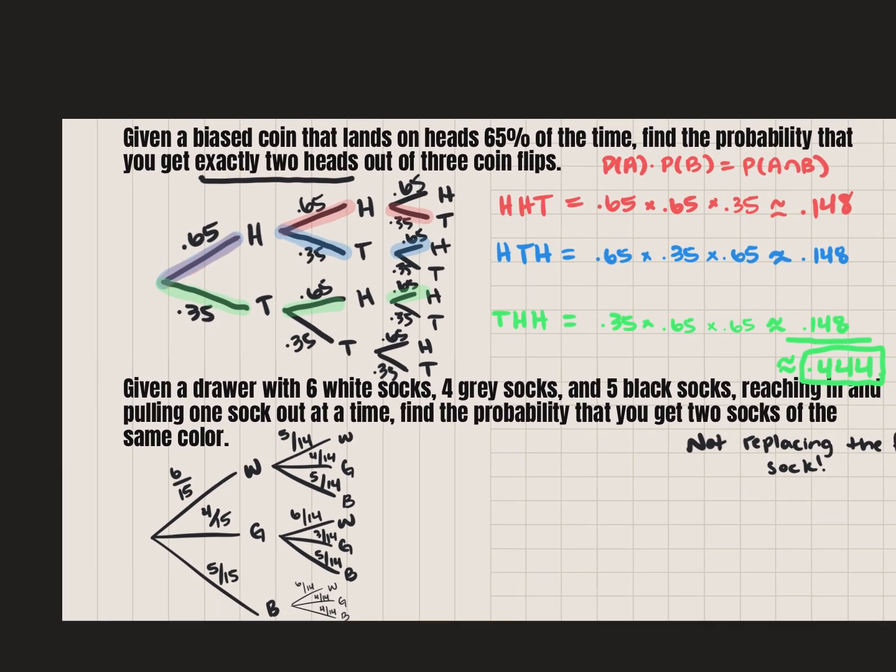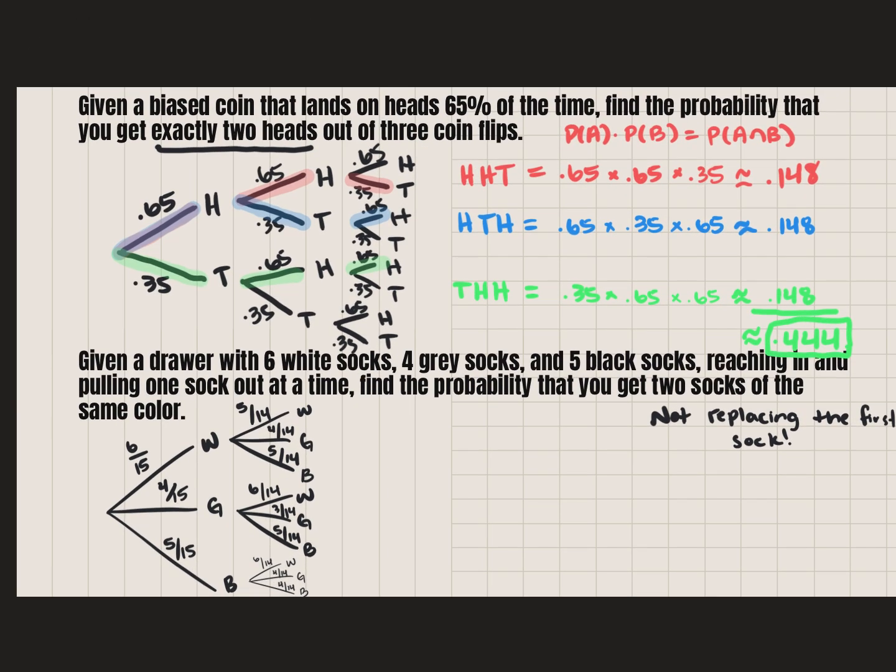Now what I need to do is find the probability you get 2 socks of the same color. So I need to decide where those end up. If I highlight, I could have white and then white, and if I do this in blue, that's 6 out of 15 times 5 out of 14, which gives me 2 white socks. If I highlight it in red, I could also have 2 gray socks.